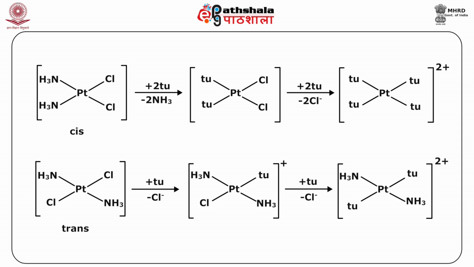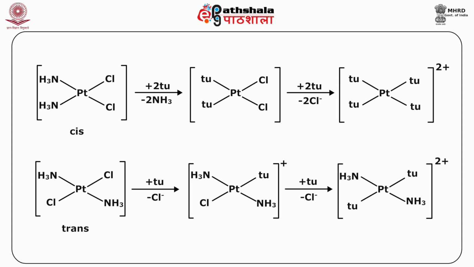When another 2 moles of thiourea react with the dithiourea dichloroplatinum complex in the cis fashion, both chlorines trans to thiourea are polarized and ultimately displaced by thiourea, and in this way we achieve the tetrathiourea platinum complex.